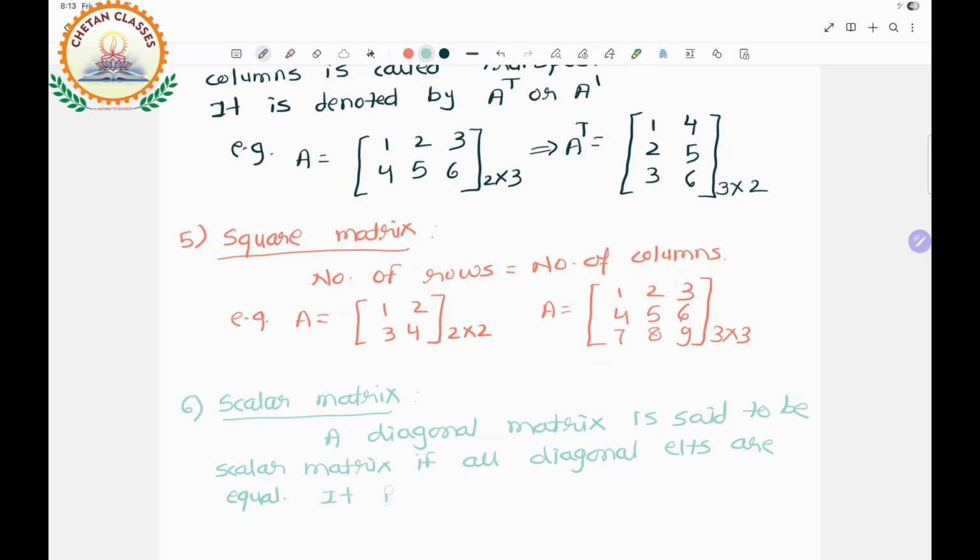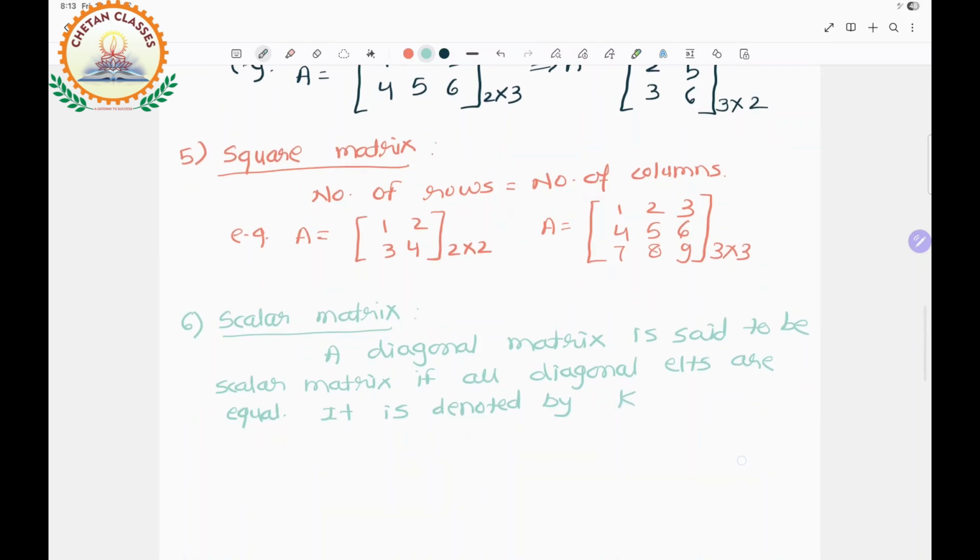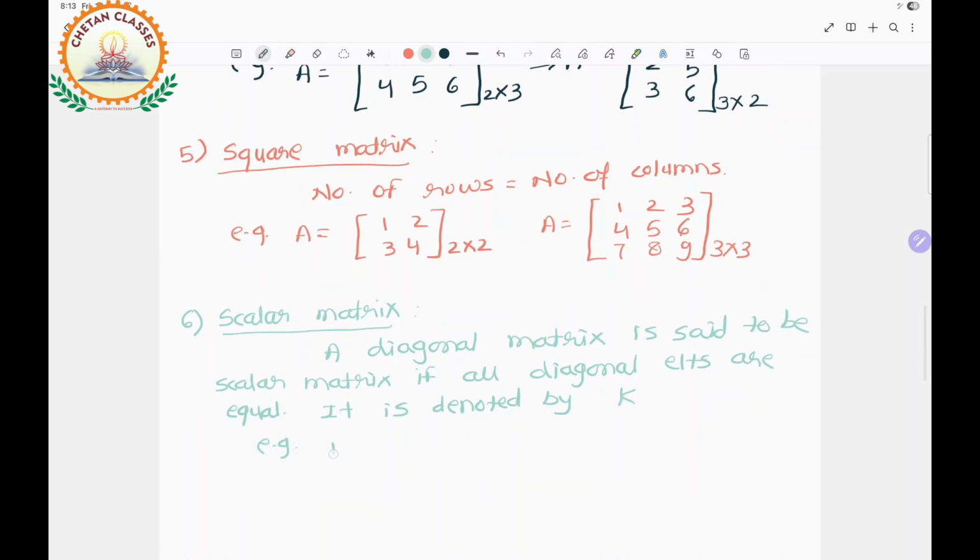It is denoted by capital K. For example, K is equal to 2, 0, 0, 2. Diagonal elements means these 2 is the diagonal elements and off diagonal, that is 0. So this is a scalar matrix.